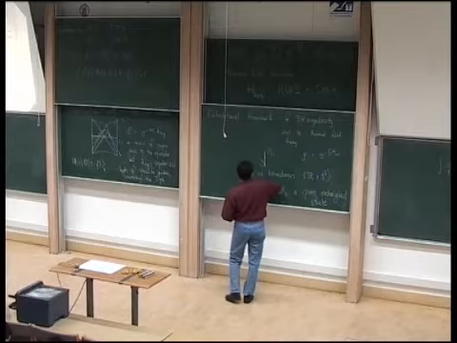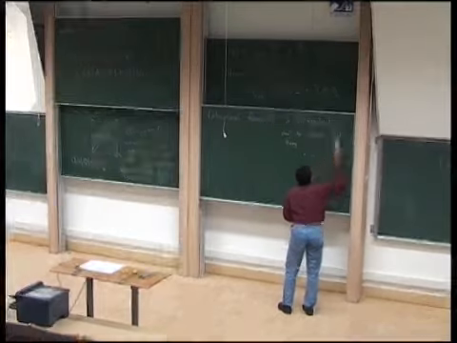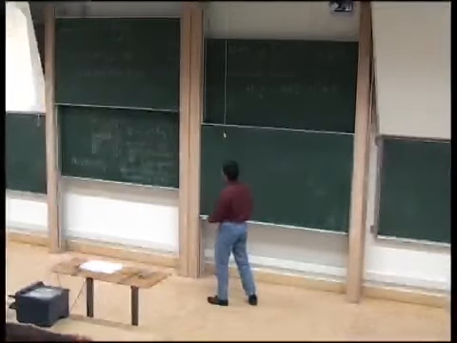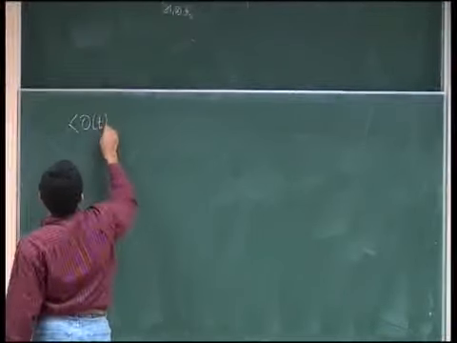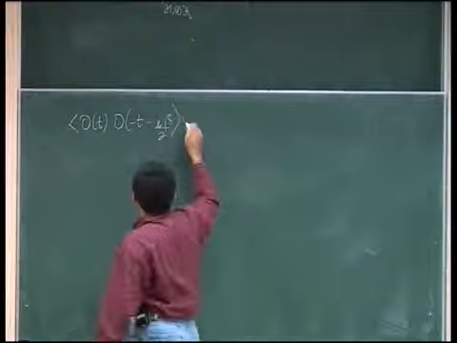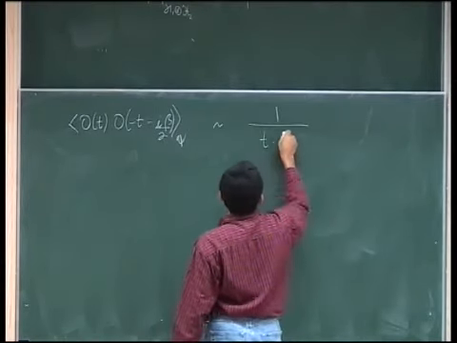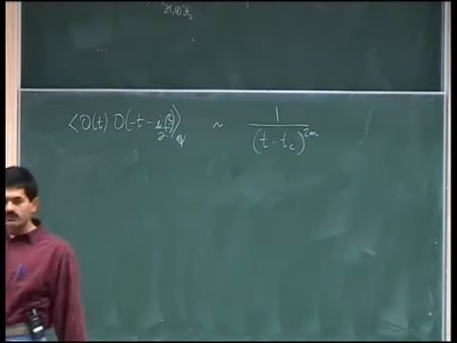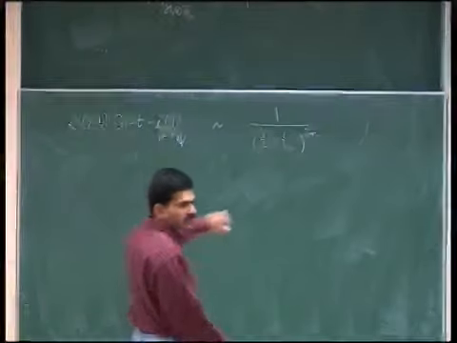So we get a prediction from this WKB calculation, which says that this correlator in the state psi has a pole as t goes to Tc.